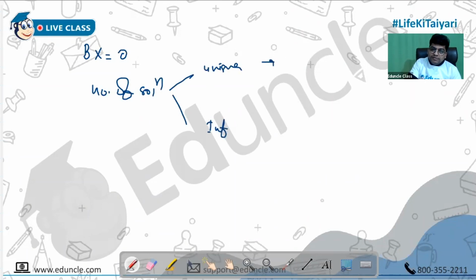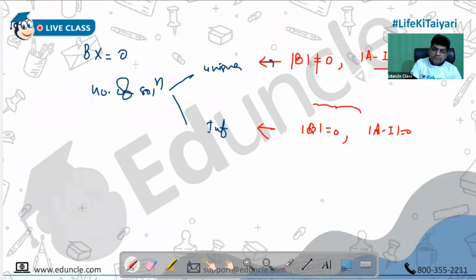It is unique if the rank of B is full, that is, if determinant of B, which is determinant of A minus I, is non-zero. It is infinite if determinant of B is 0. So you can find whether the eigenvector is unique or not.